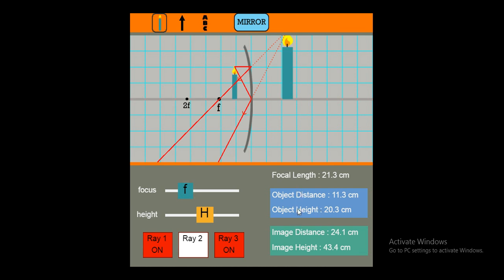Pay attention to the height: the object height is 20.3 centimeters and the image height is 43.4 centimeters. So the image is larger than the object. Also, this image is a virtual image. That means it cannot be projected onto a screen.